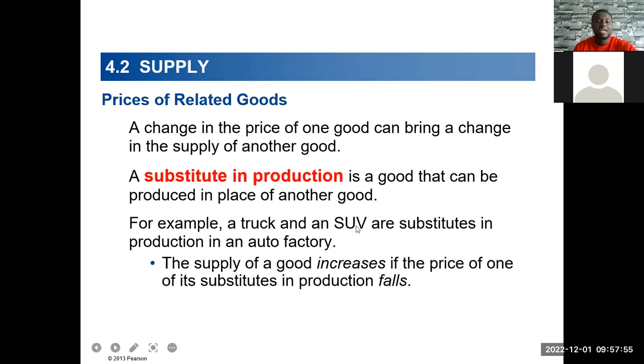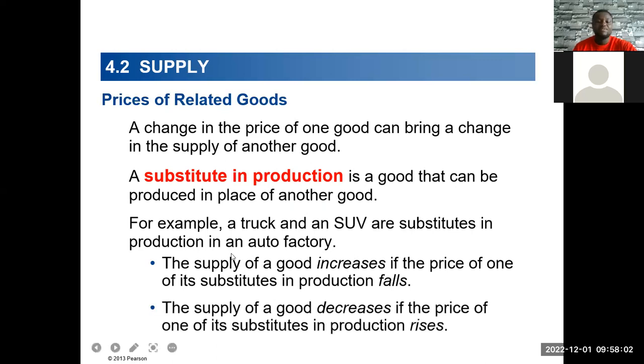They will produce more SUVs, so it will increase when the price of truck falls. On the other hand, if the price of truck should increase, then the supply of SUVs will what? Will fall. The supply of SUVs will fall. Are we together? Yes.